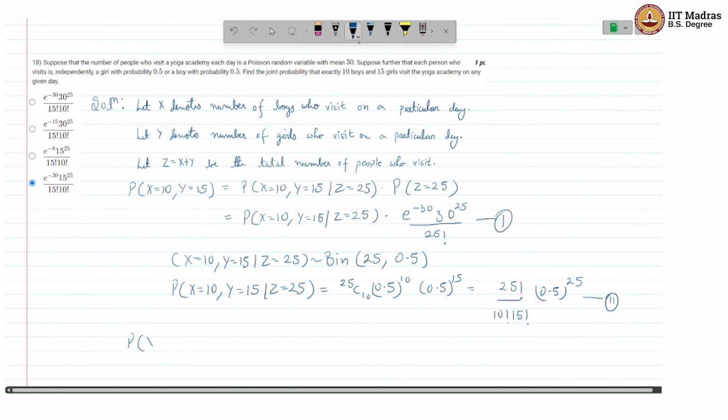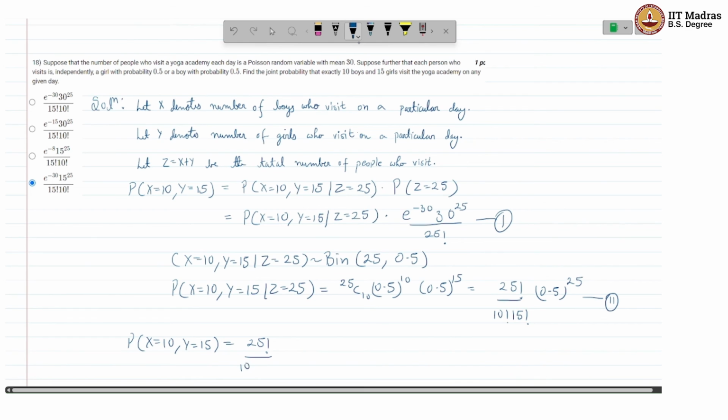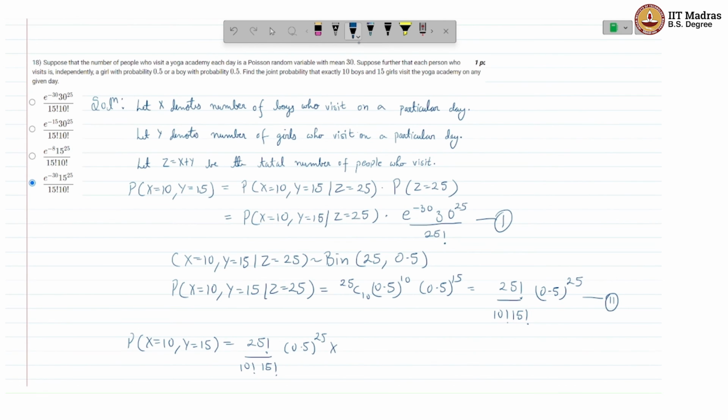So the joint probability that x is equal to 10 and y is equal to 15 is equal to 25 factorial by 10 factorial into 15 factorial into 0.5 raised to the power 25 into e raised to the power minus 30, 30 raised to the power 25 divided by 25 factorial.